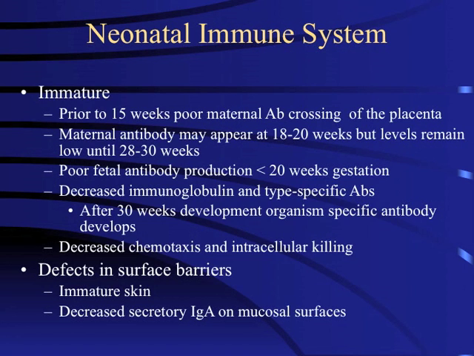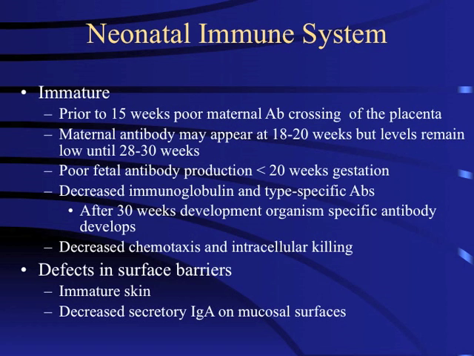So just a very quick review of the neonatal immune system. Prior to 15 weeks of gestation, there's very poor maternal antibody crossing of the placenta. The majority of the maternal antibodies cross the placenta in the last trimester of pregnancy.